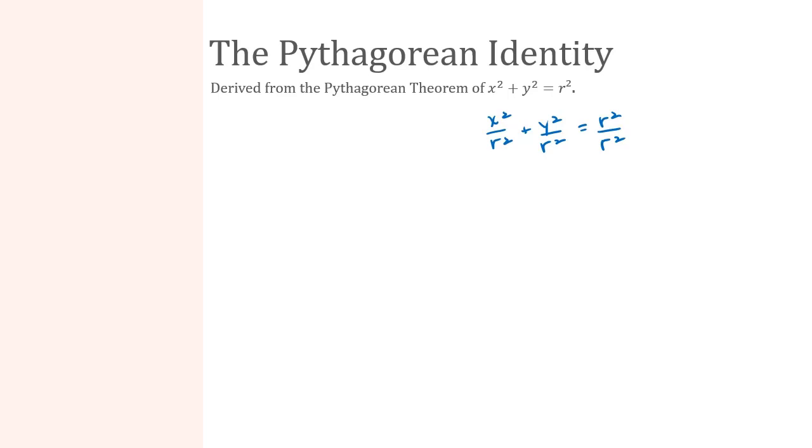The Pythagorean identity comes from the Pythagorean theorem that says a squared plus b squared equals c squared. Or if we're in a circle, we've seen x squared plus y squared equals r squared. We can manipulate this by dividing each side of this equation by r squared to get x squared over r squared plus y squared over r squared equals r squared divided by itself.